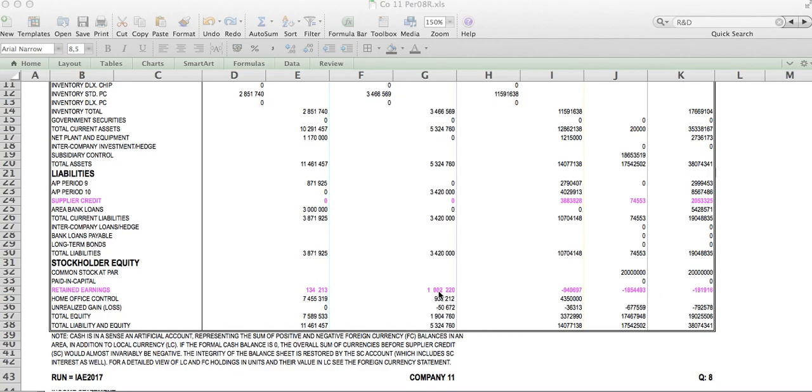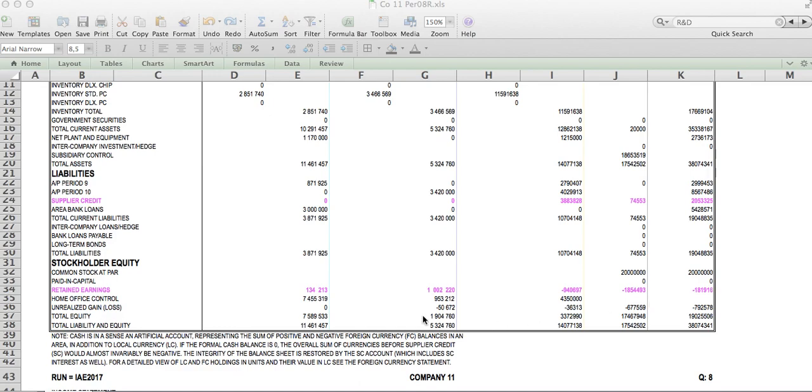However, you could move retained earnings, repatriate retained earnings, which is a form of dividend payment to the home office. It would change the situation in the home office. It wouldn't change the consolidated because it moves from one pocket to the other and your total wealth is not changed.